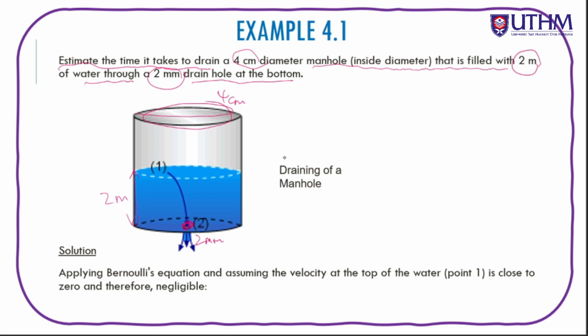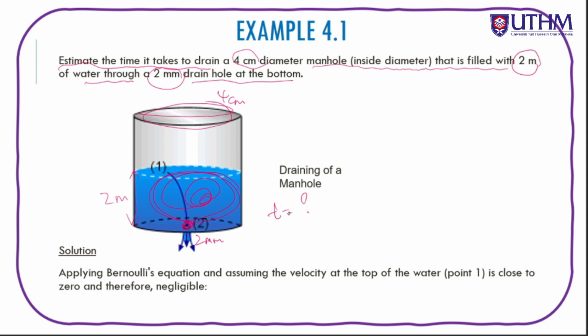Okay, so yang dia tanya estimate the time it takes to drain a 4 cm diameter manhole. So maksud dia, this liquid berapa masa diperlukan untuk kita drain, untuk kita keringkan, keluarkan through orifice kat bawah ni kan, berapa masa dia.